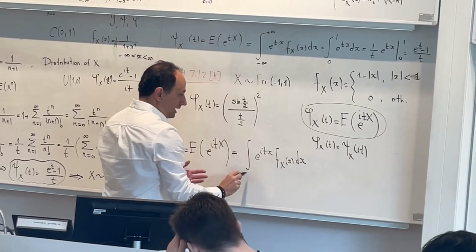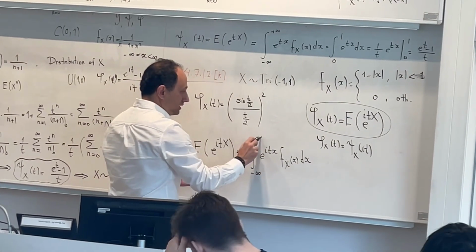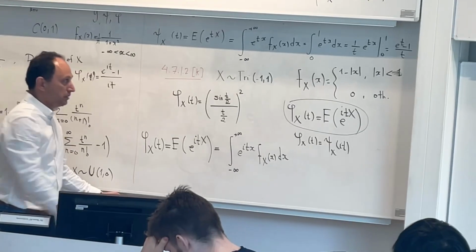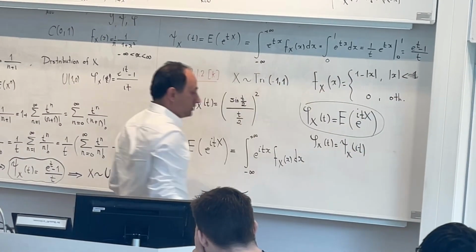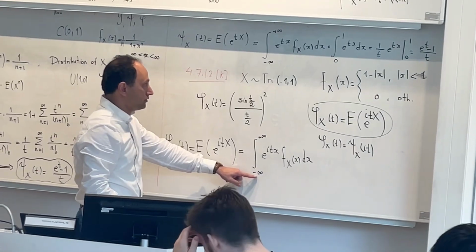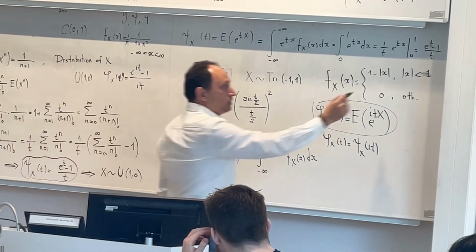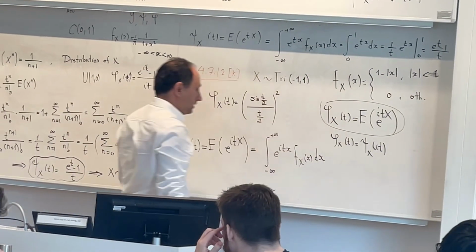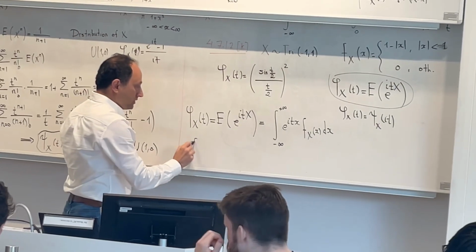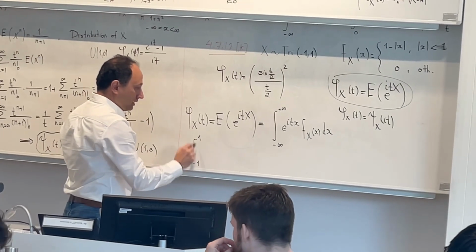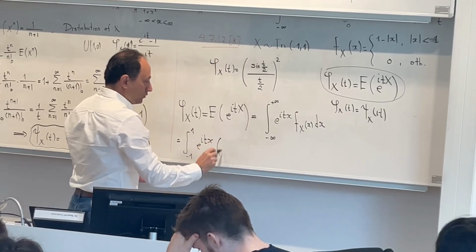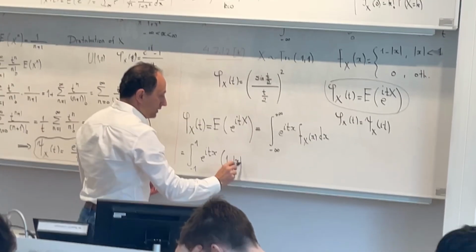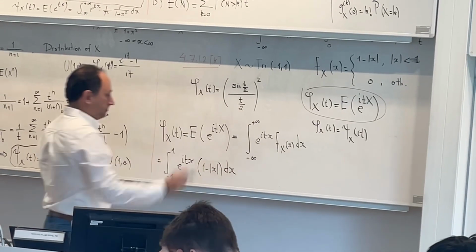In principle, I have to run it from minus infinity to infinity, but because the support is only this part, the rest will vanish, and I consider only this, which limits my integral from -1 to 1. So what happens? This becomes the integral from -1 to 1 of e to the power of i t x, and then I have 1 minus absolute value of x, dx.